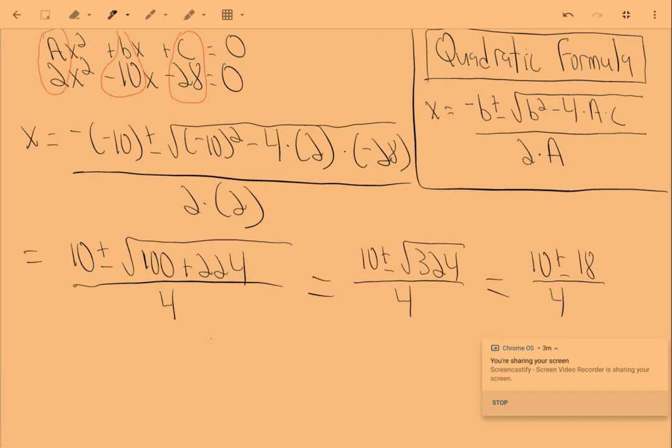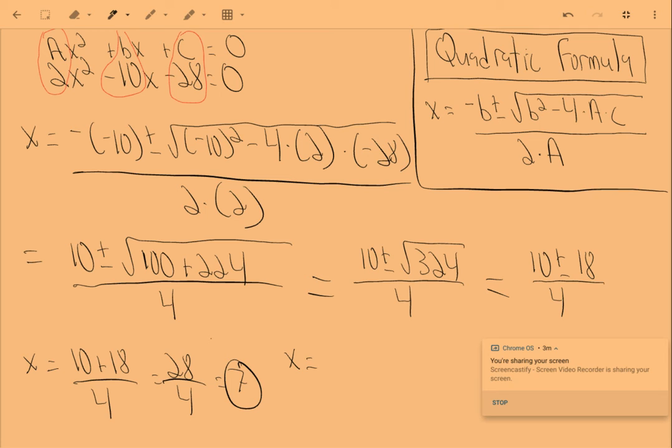And the way we find the solutions is by calculating that twice, once with plus and once with minus. So we'll first do 10 plus 18 divided by 4. So 10 plus 18 is 28, divided by 4 is 7. So x equals 7 is our first solution.